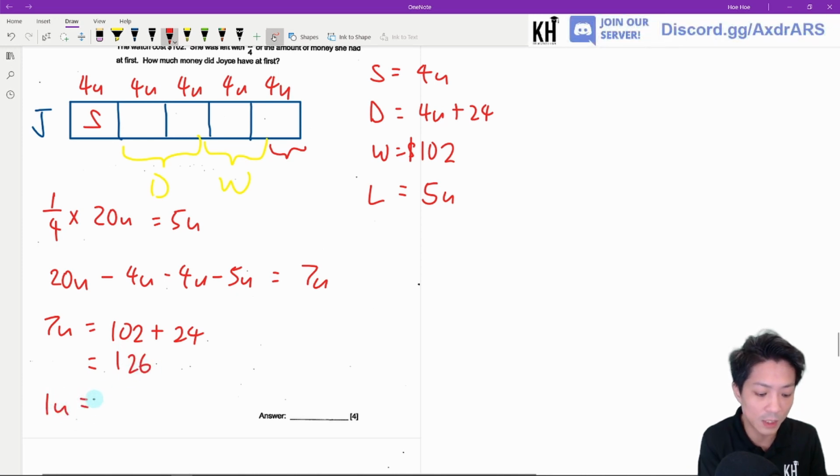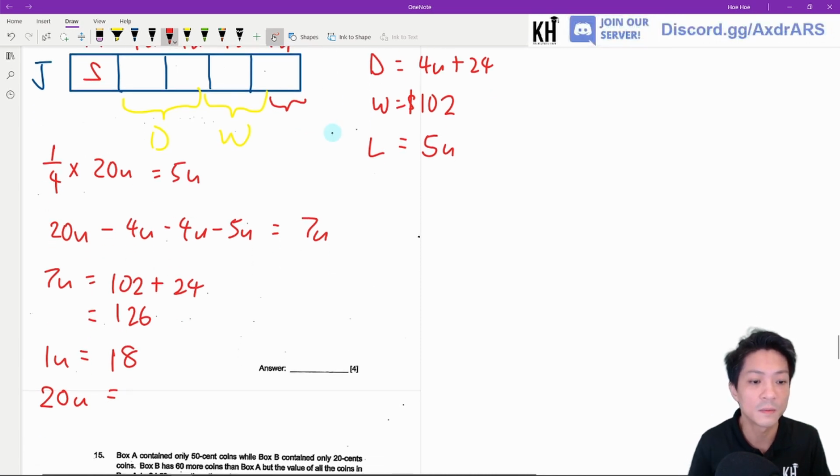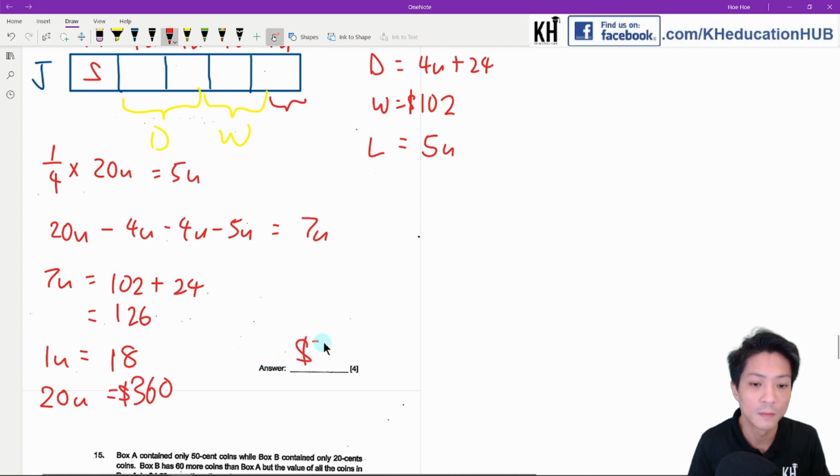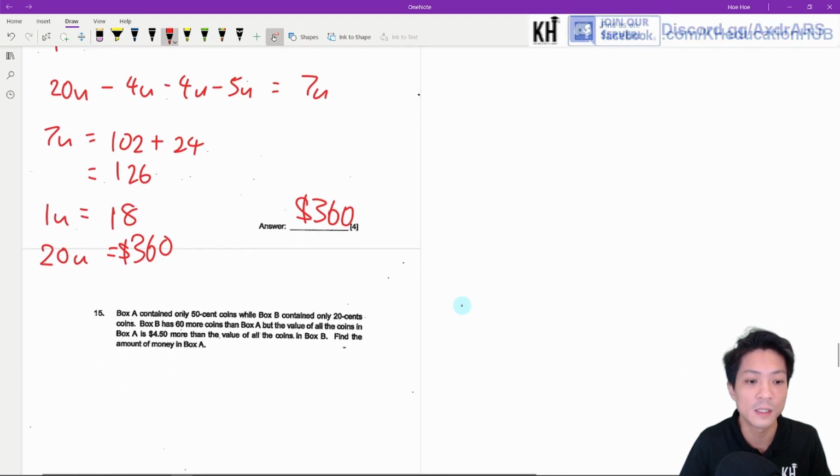So we can find 1 unit, which is 18. And then we can find 20 units, because 20 units is how much money Joyce had at first. Okay, the answer is $360.